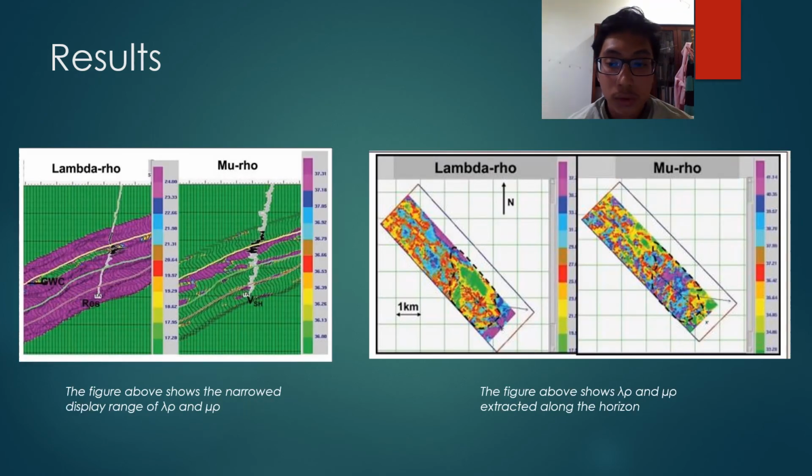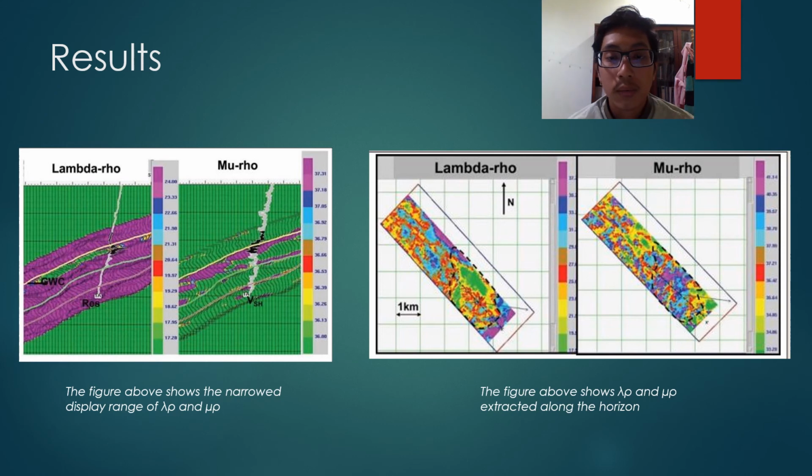Next, moving on to the other parts of the results, on the left hand side we can see the limited numerical ranges of Lambda-Rho and Mu-Rho values on the color display, so that we can see the truly anomalous low Lambda-Rho and high Mu-Rho zones highlighted.